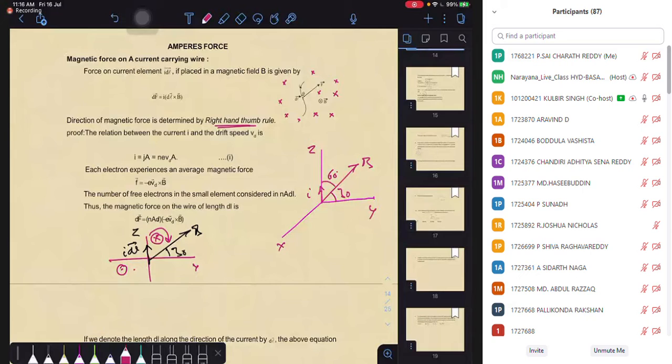So your x-axis is outward and your thumb is going in the inward direction. If the thumb is going inward, then the magnetic force is along the negative x-axis. So the direction of the force, I can say, is in the minus i direction. Okay? Minus i direction.